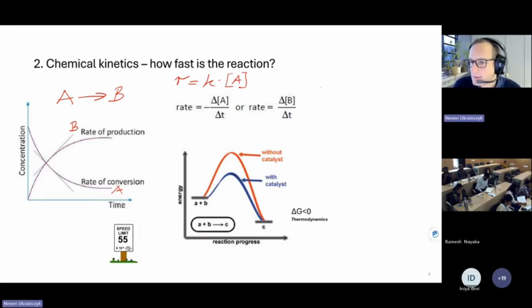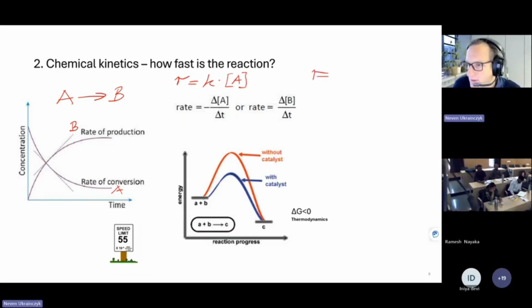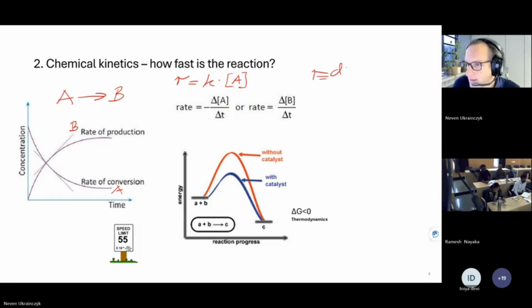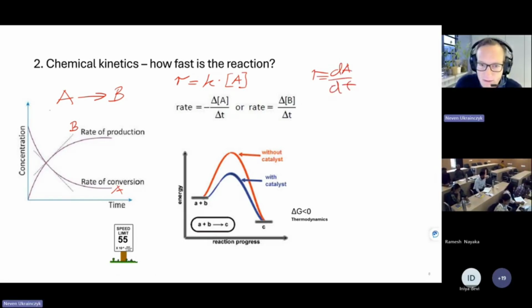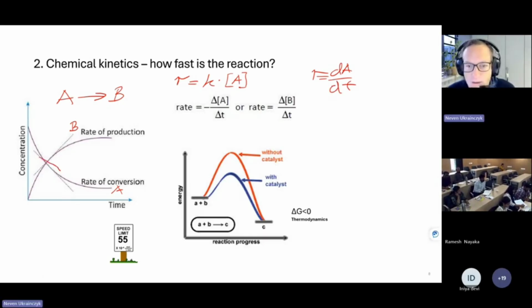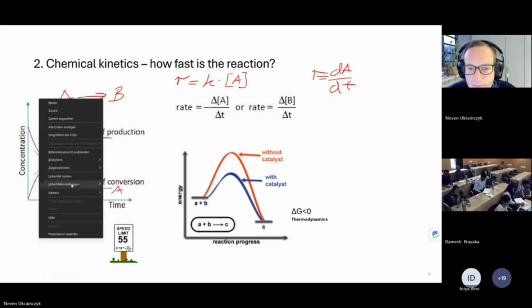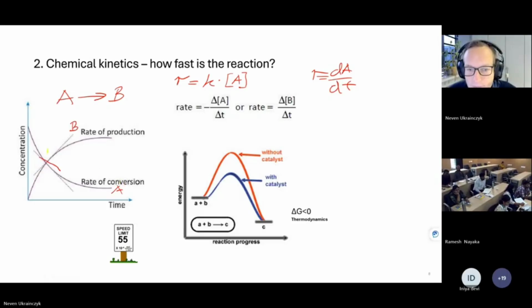So this rate is the slope. We can see it here. Infinitesimally, the rate is actually dA/dt. So this is the rate, and this is exactly the slope here.